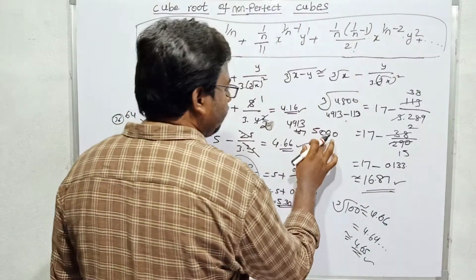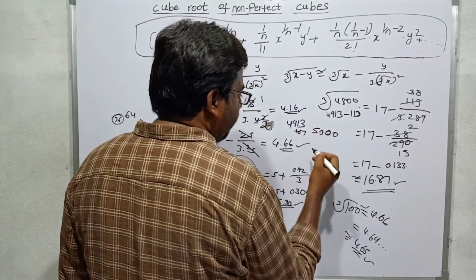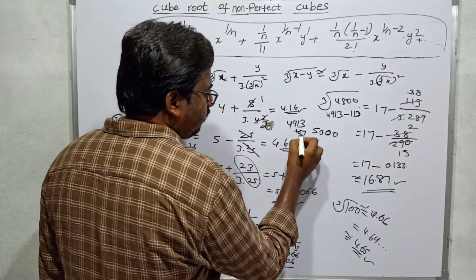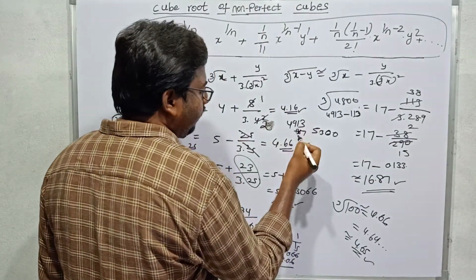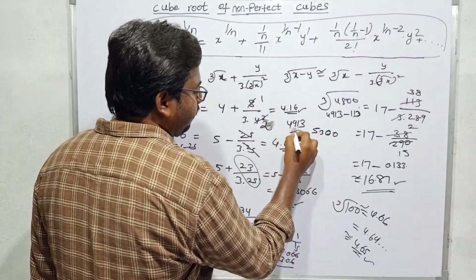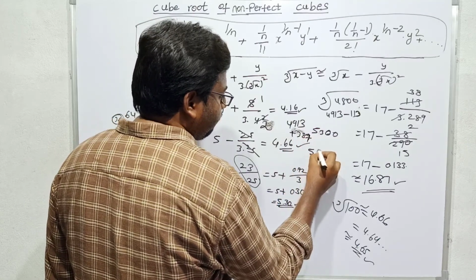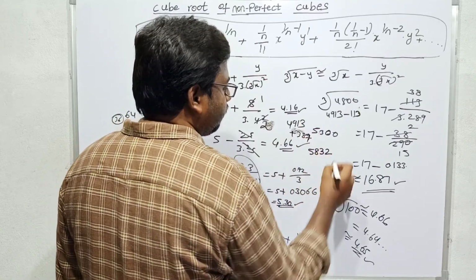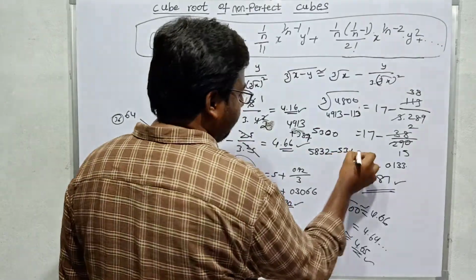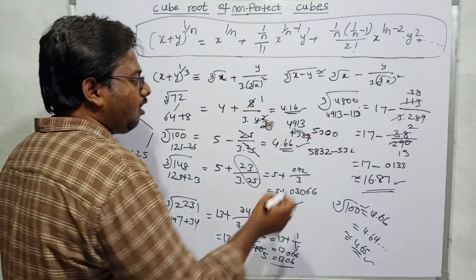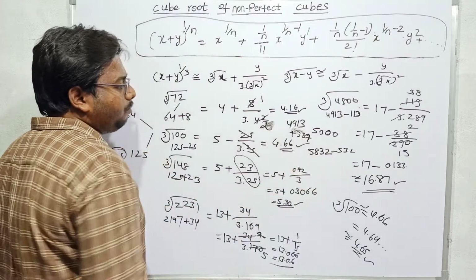So if I have to calculate 5300, I can calculate this on 4913, putting 387 here, then the value will be compensated by 387, or I can calculate 5300 from 5832. So if I subtract 532 from it, I will get it here. So I can operate on this, or I can operate on this.